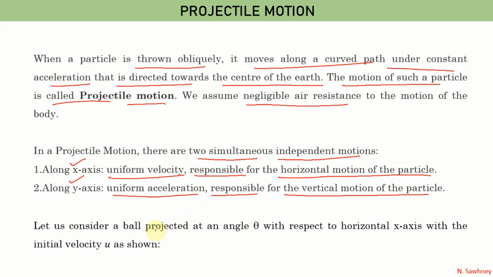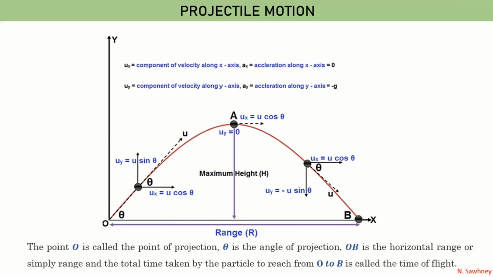Let us consider a ball which is projected at an angle theta with respect to the horizontal x-axis with initial velocity u. Here, point O is called the point of projection, and the object is thrown with velocity u, which is making an angle theta with the x-axis. We can resolve this velocity in two components.